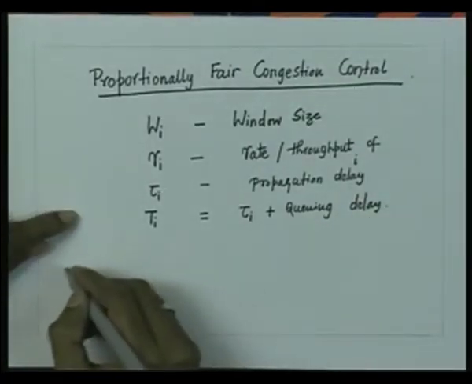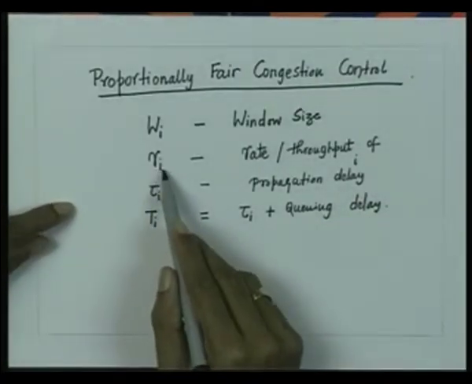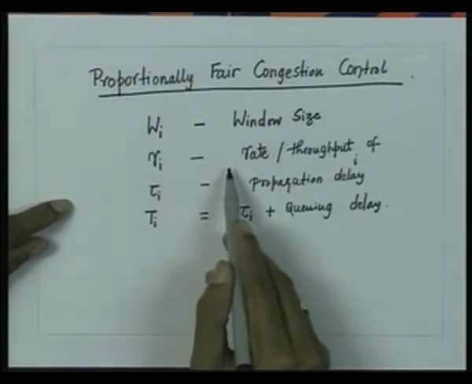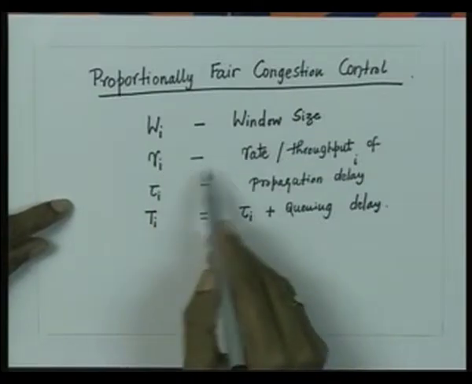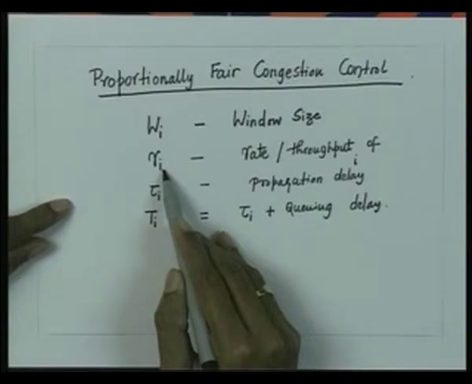So these R1, R2, Rn are the throughputs which are observed by different sources. The source is indexed by i.